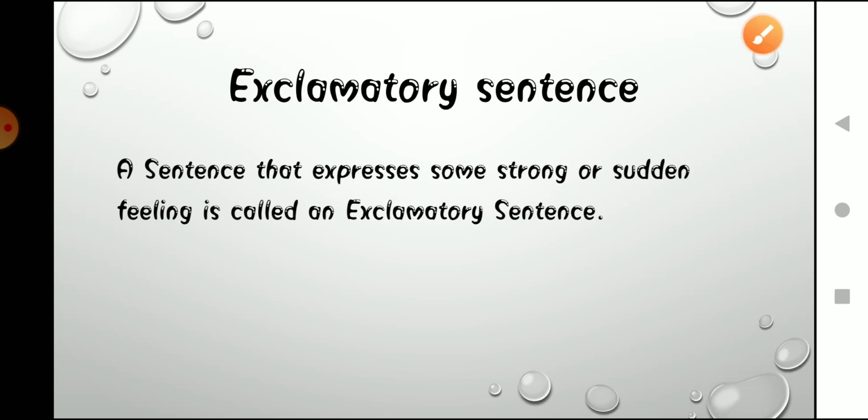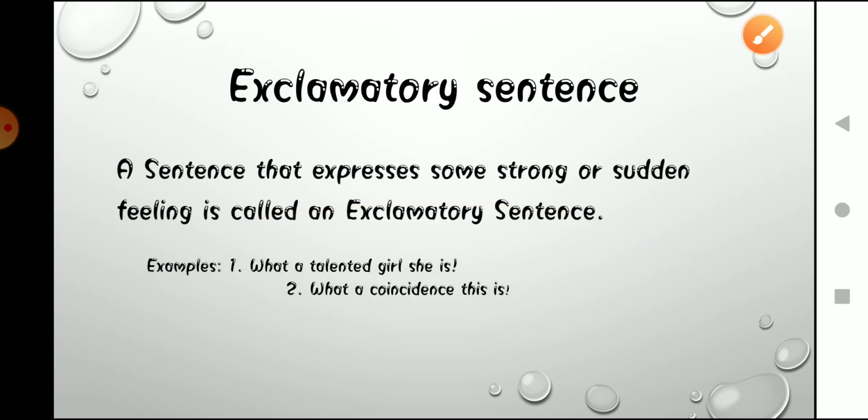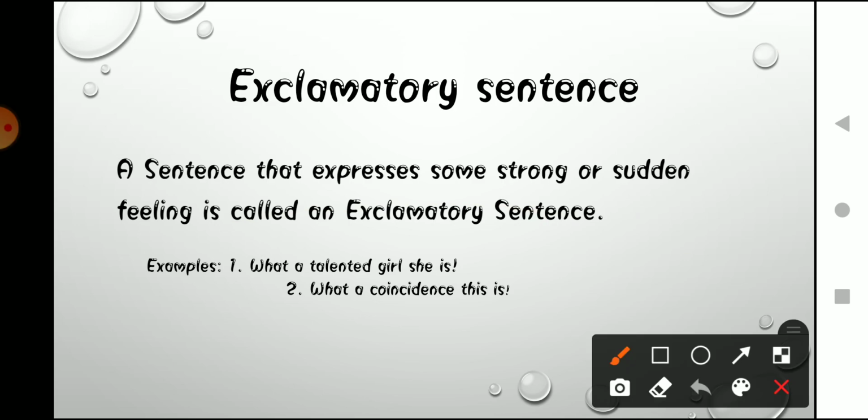Let's look at examples. The first one is, "What a talented girl she is!" In this we are basically expressing our strong feeling that she is very talented, right? And "What a coincidence this is!"